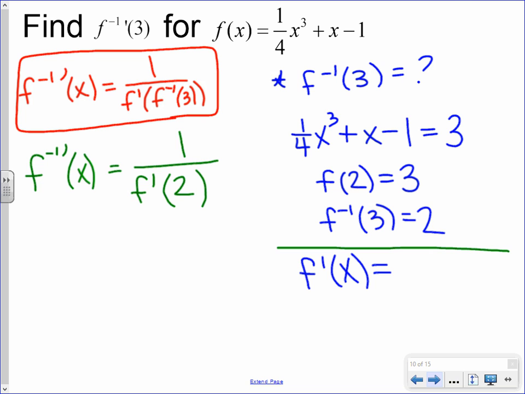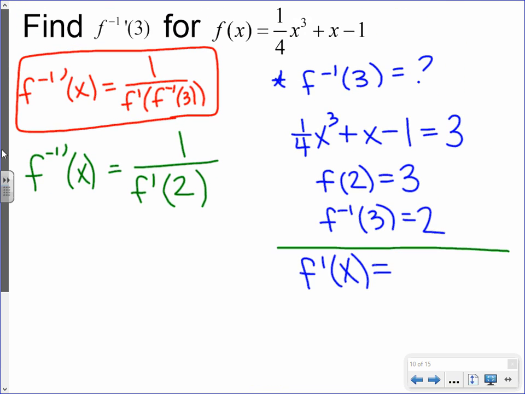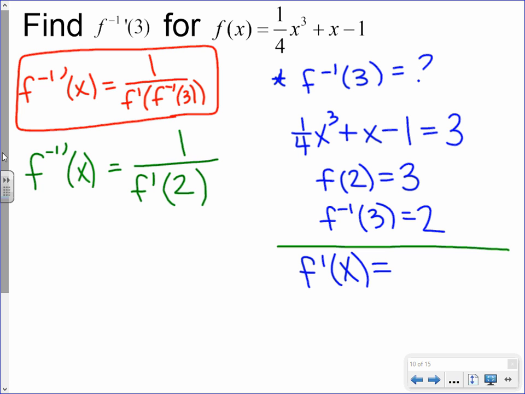Okay. So Josie, what's f prime of x? 3/4 x squared plus 1. Good.